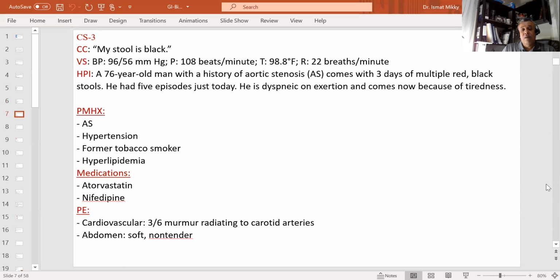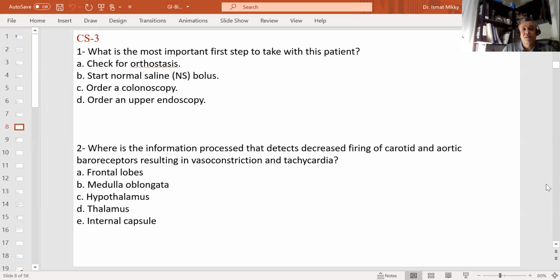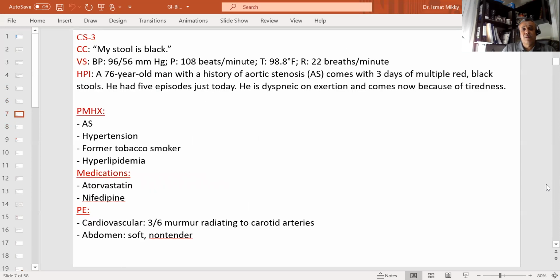The next disease is peptic ulcer disease, PUD. But first gastritis, and then we'll go over peptic ulcer disease.